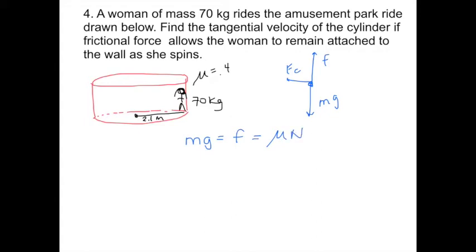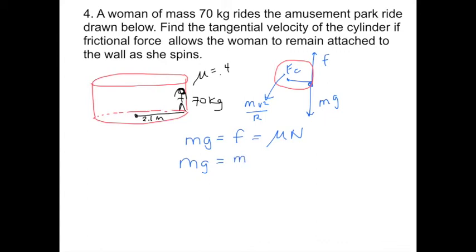And we know in this situation that normal force comes from this centripetal force that's coming out from the wall of the cylinder. So that's what we're going to use when we calculate friction. So now we can simplify this a little bit, and we'll get mg equals, if the normal force is centripetal force, that is mv squared over r.